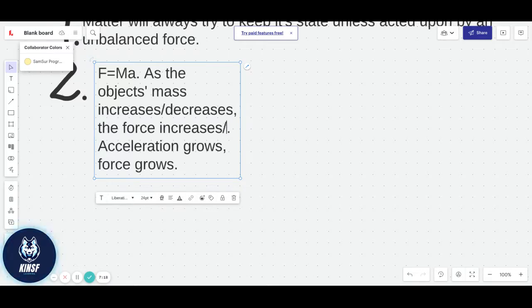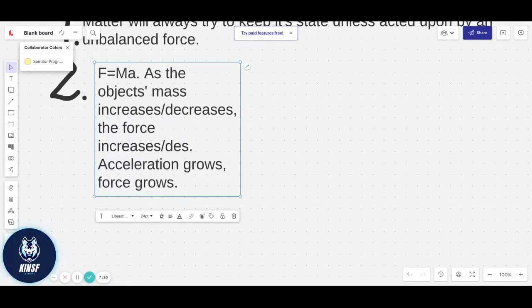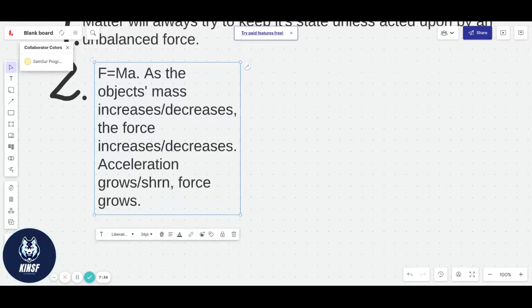And also if the mass or the acceleration grows or shrinks, the force grows or shrinks.